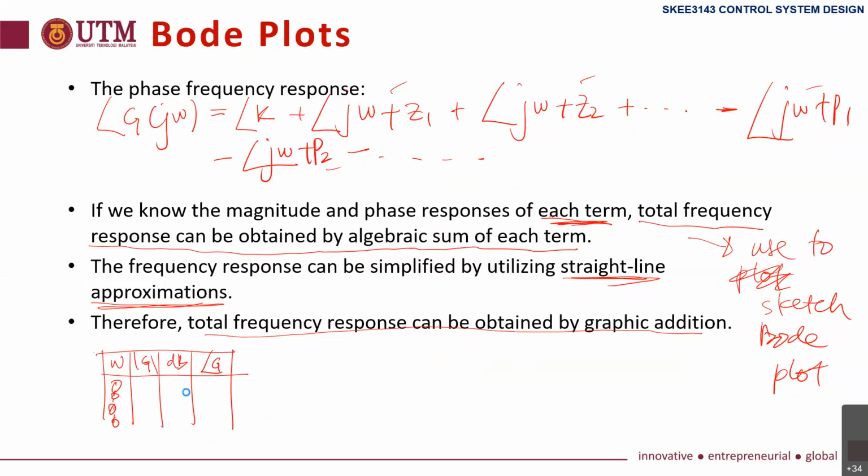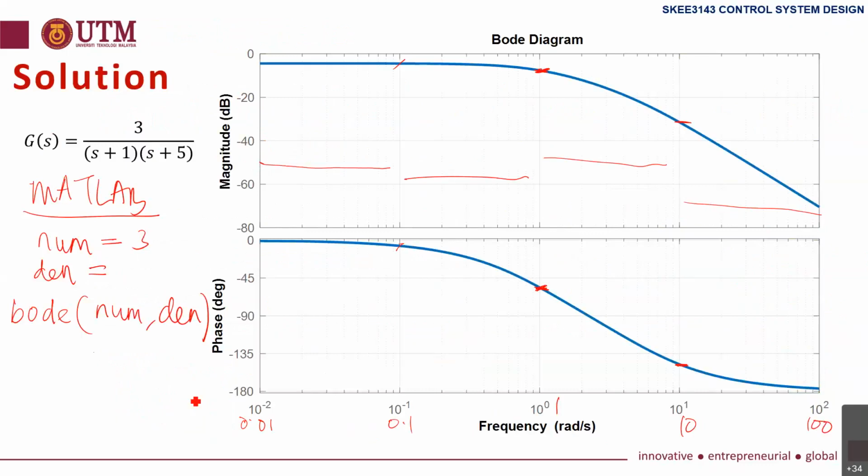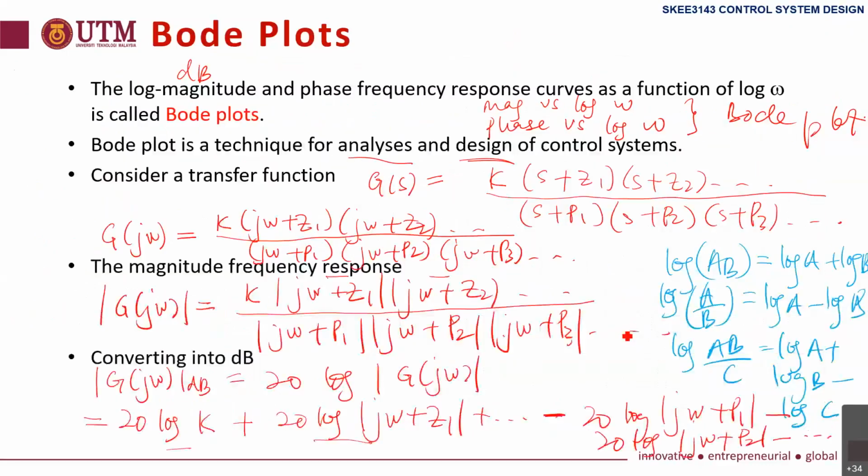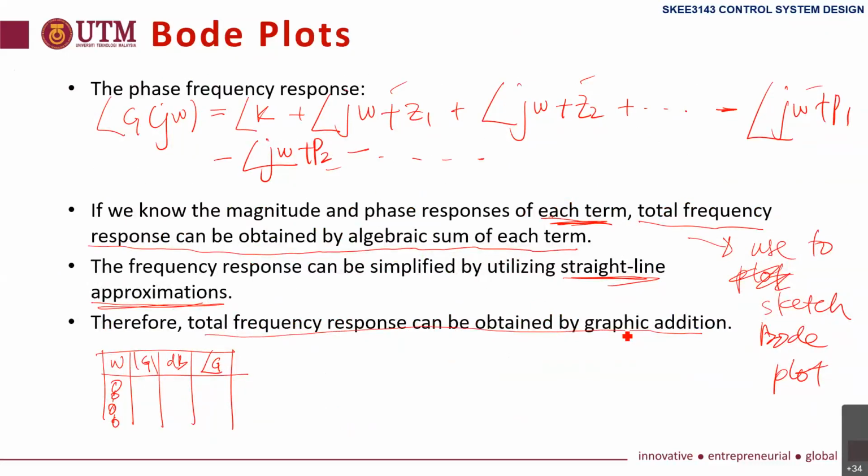We will not be able to draw like this. This is MATLAB, computer drawing. It's okay, a computer can obtain many data and draw an accurate one. We will not be able to do that. We will do what we call approximation, and it is called straight line approximation.